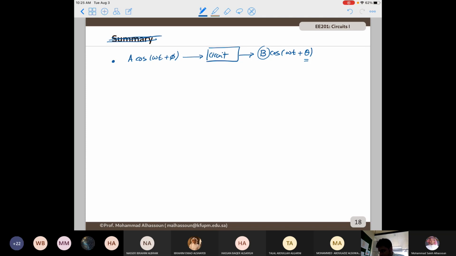It turns out if you use the notion of phasor transform, then this input will be written like this. Only this representation captures the amplitude and the phase. Again, this one is complex, meaning it can be written as A cosine phi plus jA sine phi.